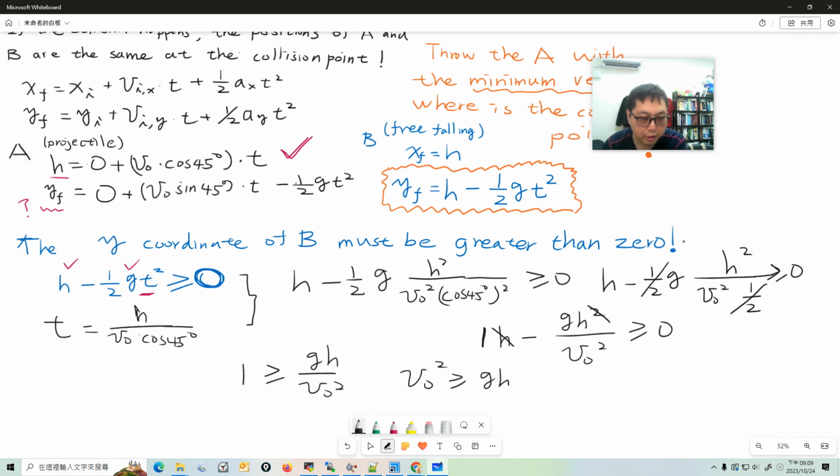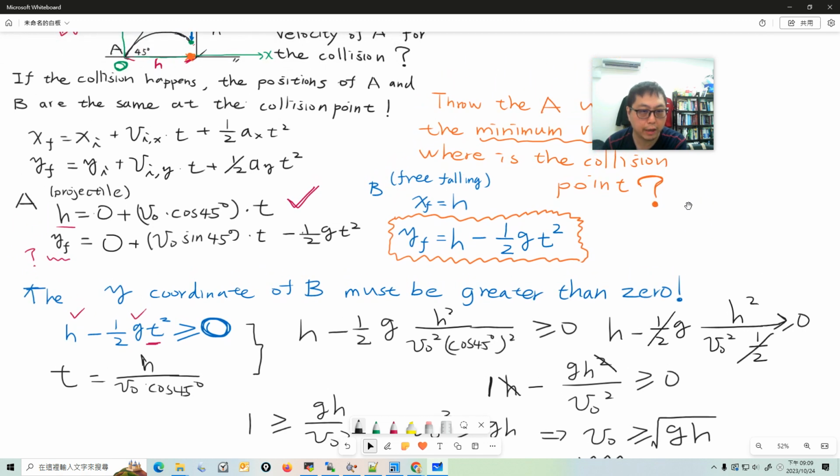Yeah, it's correct. So finally, v naught should be greater than the square root of g times h. That's the minimum speed, the minimum velocity, to make this collision happen.